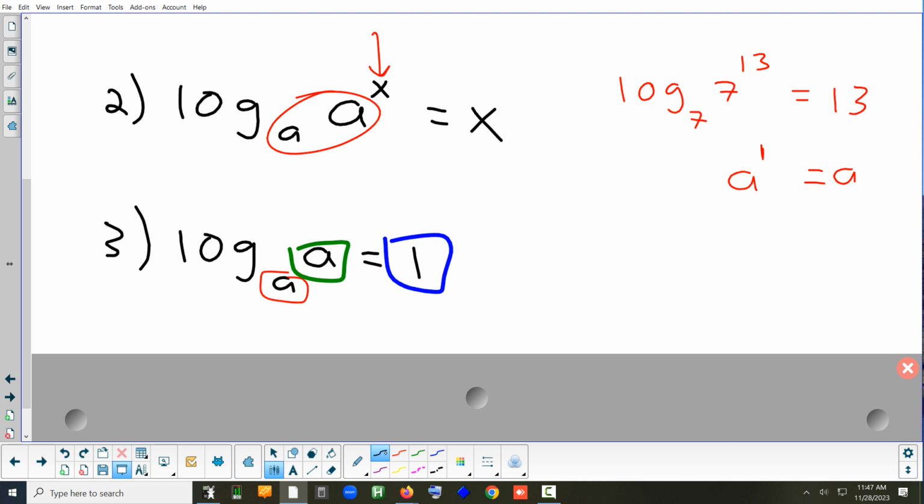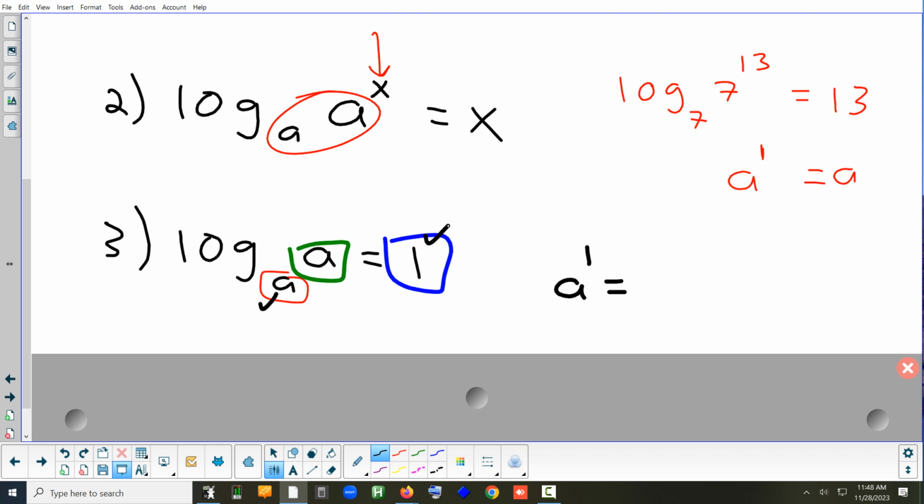Okay. Let's change that to exponential form. What's your base there? The base, the bottom one. Yeah, the one in the red box? Okay, so there's your base, A. What's your exponent? 1. Logarithm always equals the exponent.